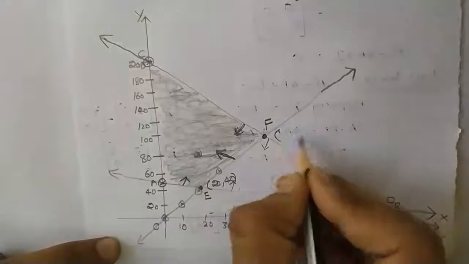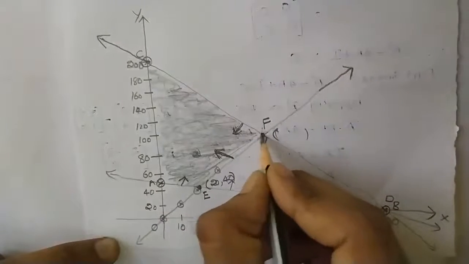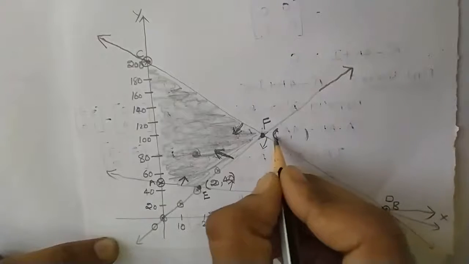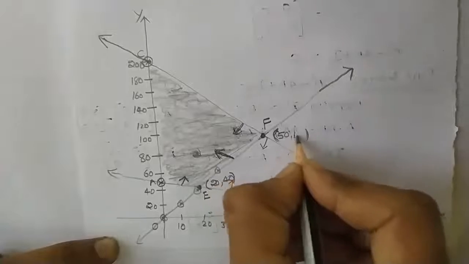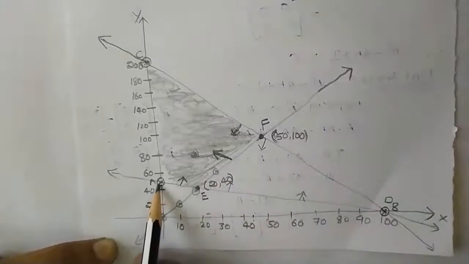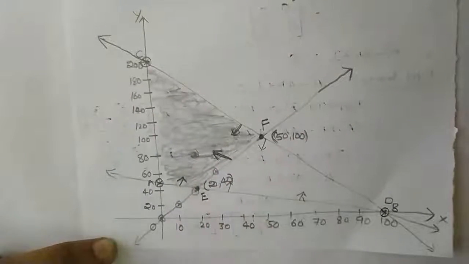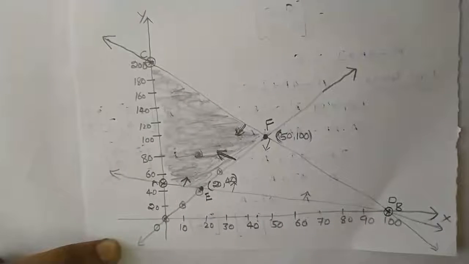Next, what about the point F where it exactly coincides? You just see the graph: (50, 100). So (50, 100). Corner points are A, C, E and F. Now write the corner points.